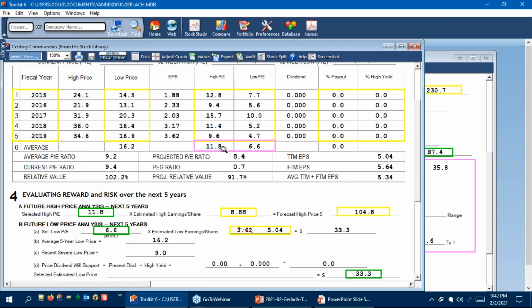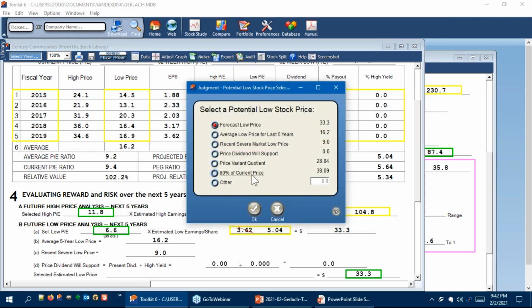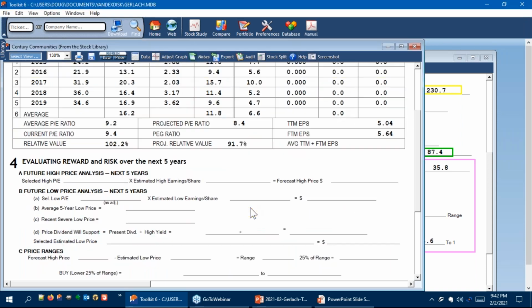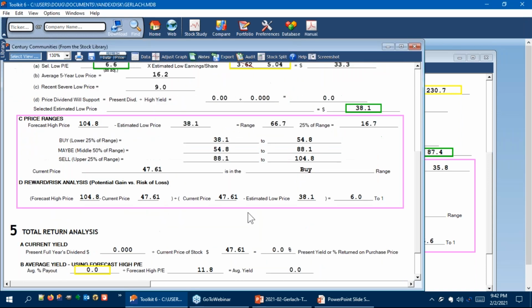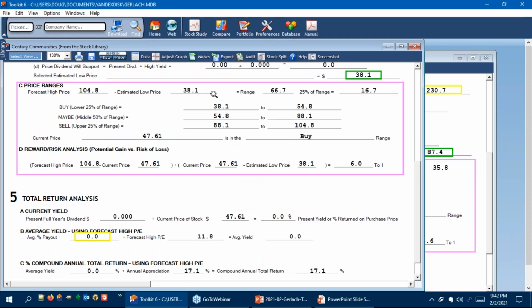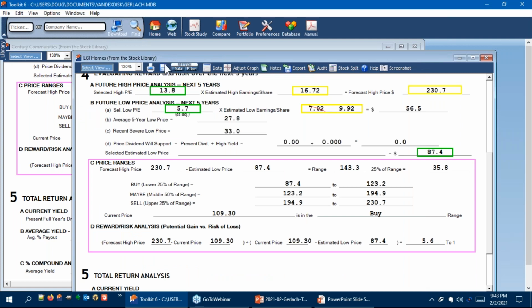So again, PE ratios 11.8 to 6.6, very close to where LGI Homes were. So we'll use the same 80% decline option there for the price. So also in the buy zone, and the upside downside ratio also very similar.